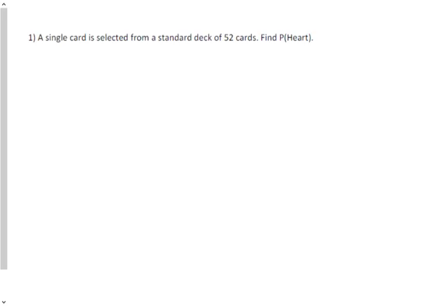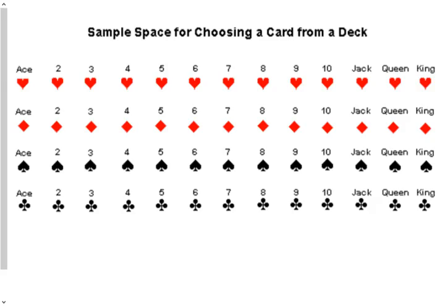Here's what we do. You can see I've got find the probability, and this is our notation for probability here, that I'm going to choose a heart from the total. Well, when I come back to my cheat sheet, I can see here's my hearts, and how many total hearts are there? Well, there's 13. How many total cards are there? There's 52.